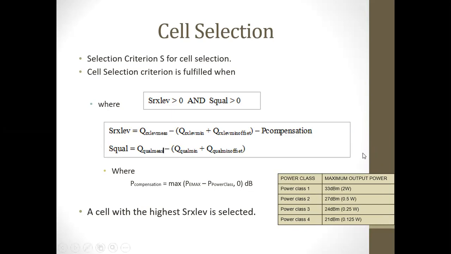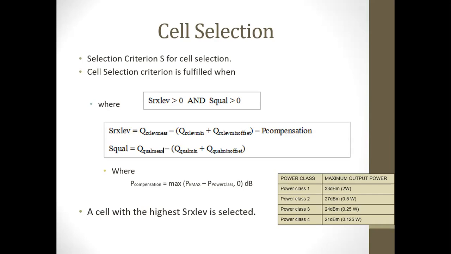Pcompensation is something, well, every phone has a maximum output power, and that is given by the power class of the phone. The network gives a value for how much power you can transmit at the maximum.